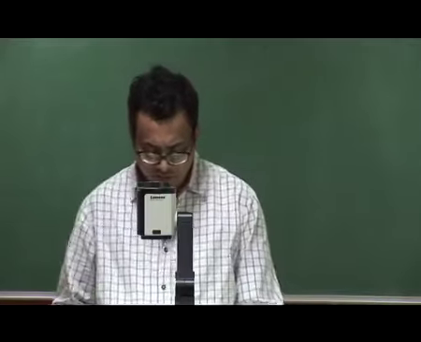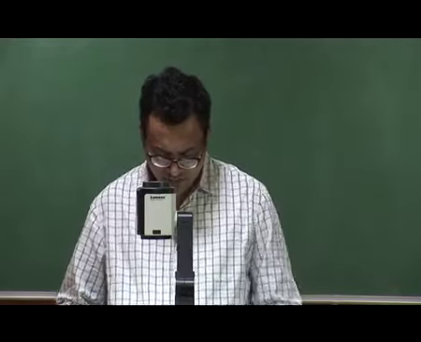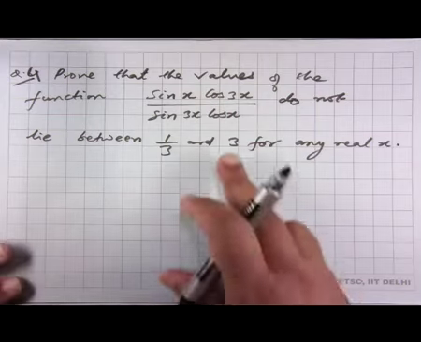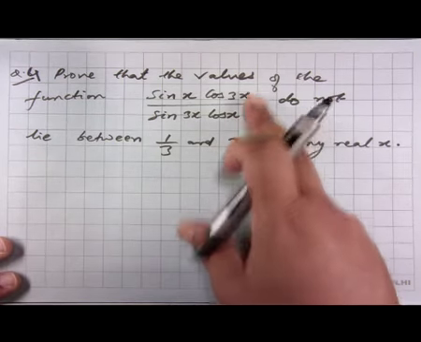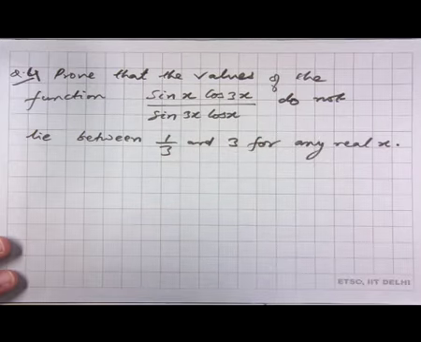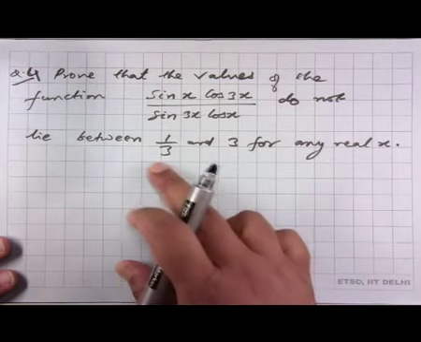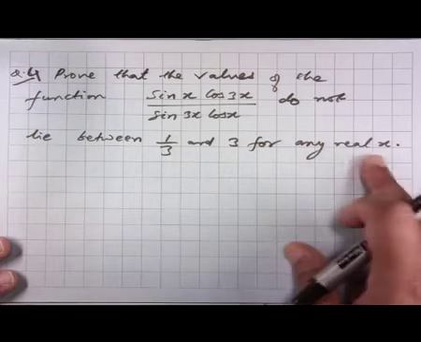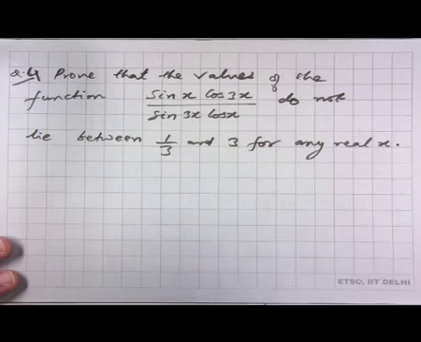So, the next question is here. So, it is asking us to prove that the values taken by this particular ratio of trigonometric functions does not lie between 1 by 3 and 3 for any real value of x that we might take.